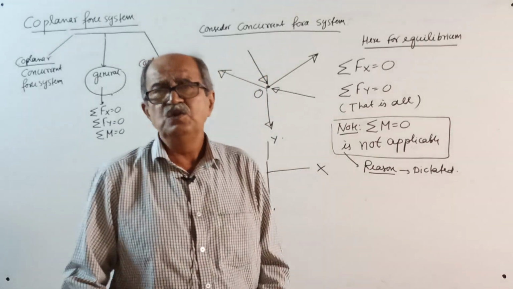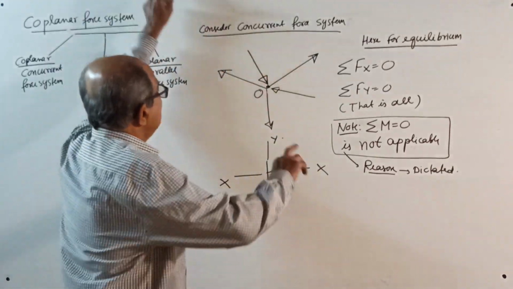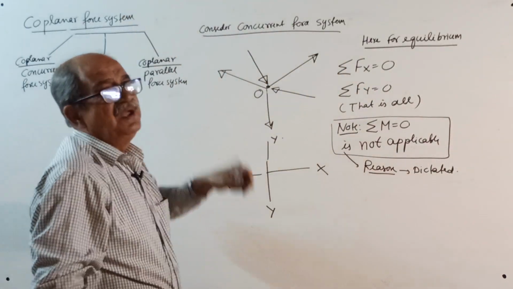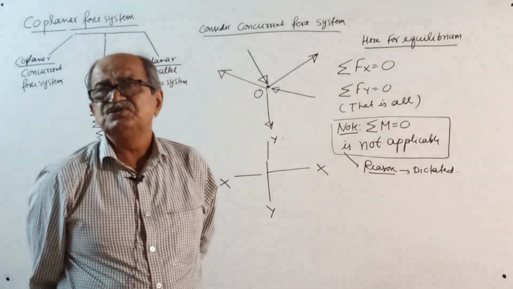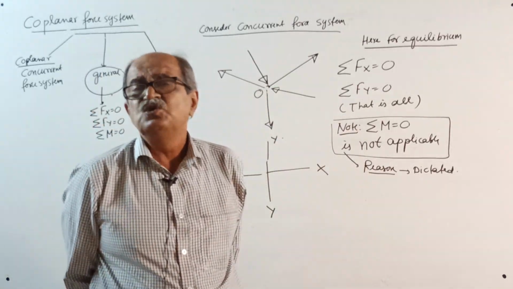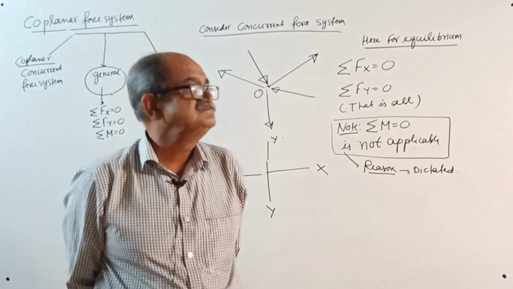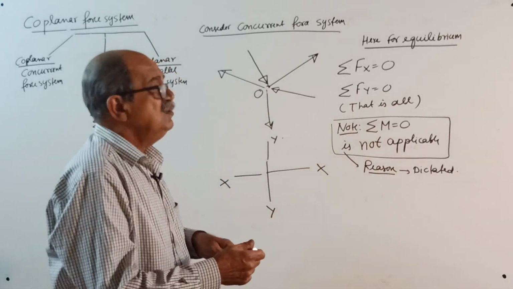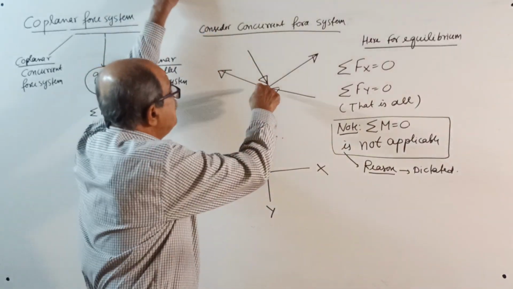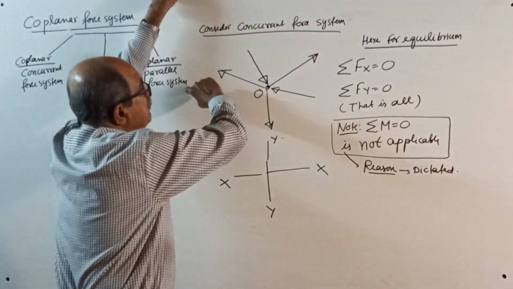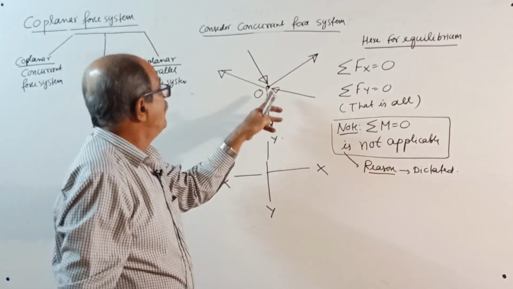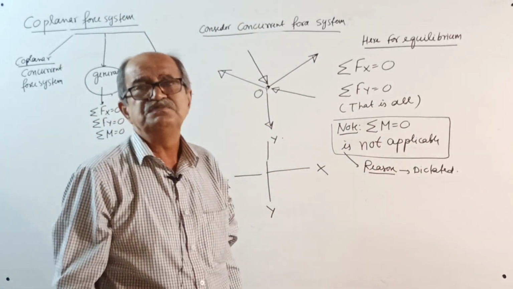Here I will dictate, notes I will write. See, when a force system is a concurrent force system, all the forces will pass through one common point. Resultant also will pass through the same point. Therefore, if you take moment about this point, moment of all the forces of the given force system is 0, moment of resultant is also 0.